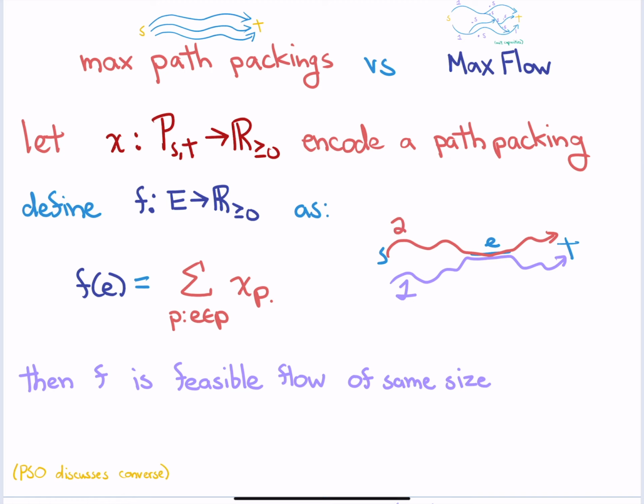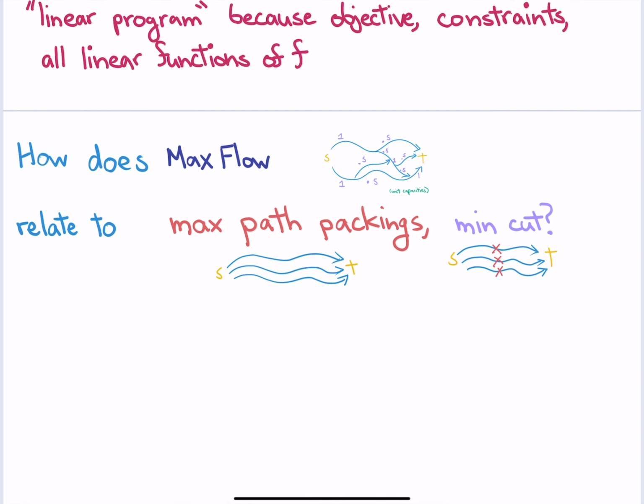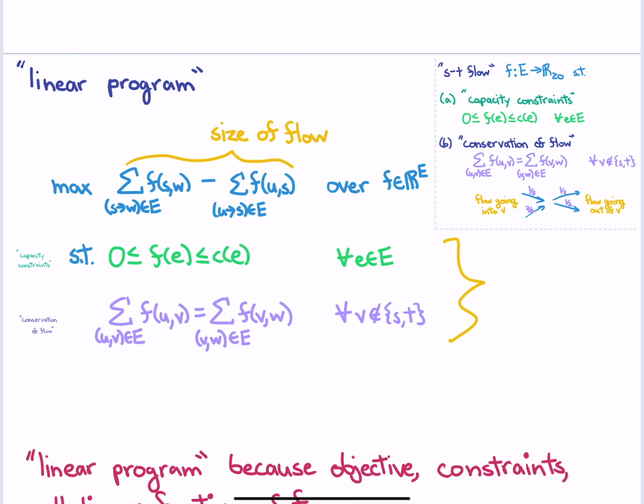And I'll define a flow where f of E is equal to 3 because I have 3 total paths using E. And I'll do that for every edge. Okay, so now we need to verify that I satisfy my constraints. I'm taking my paths and converting them to a flow in the natural way, where for each edge I'm just keeping track of how many paths run through it.